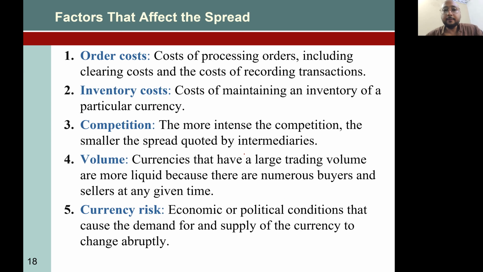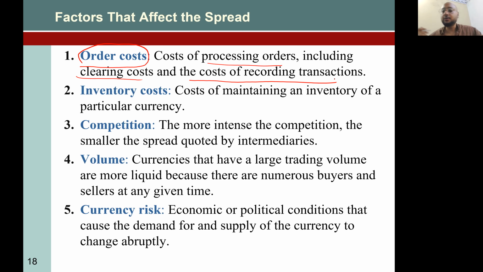So what factors affect the spread? Number 1, order cost. Order cost means the cost of processing the order, which includes clearing cost and the cost of recording the transactions.